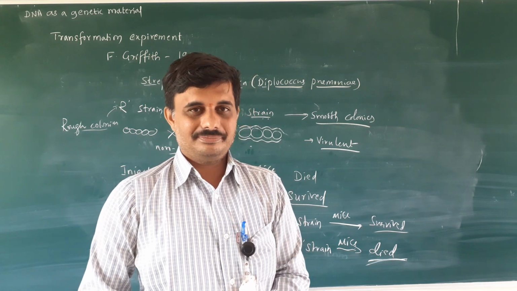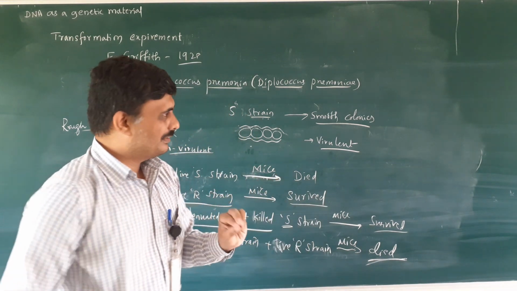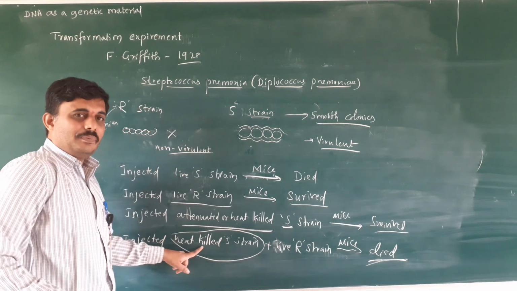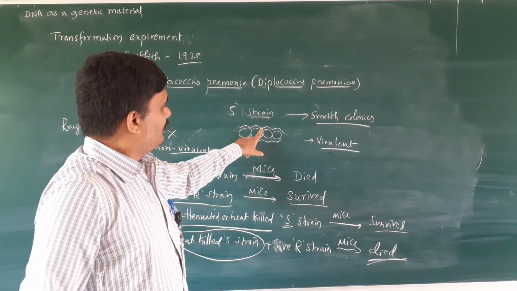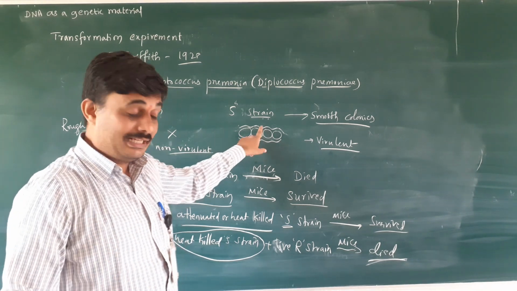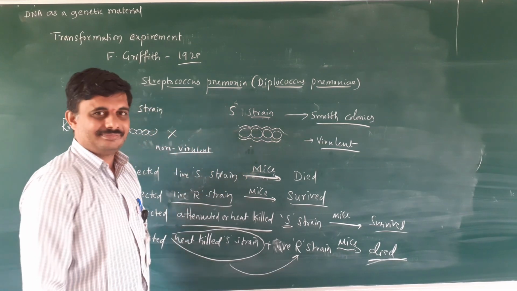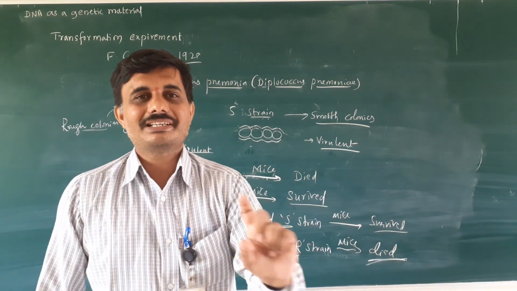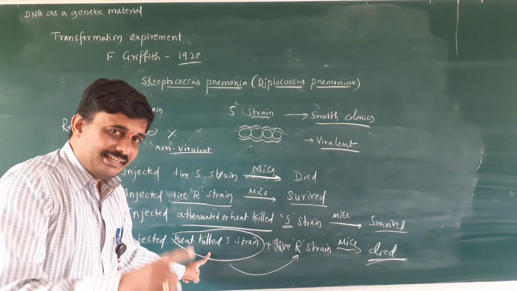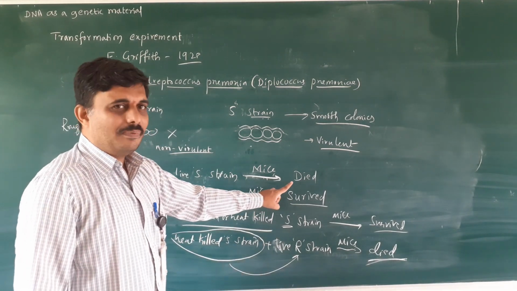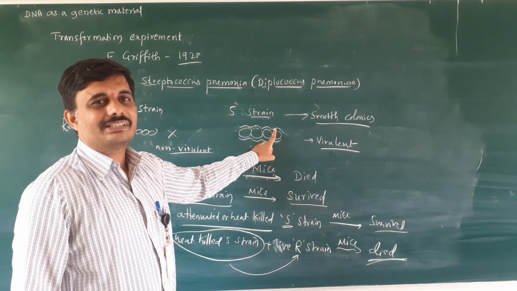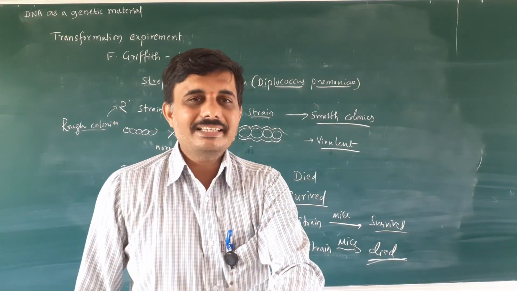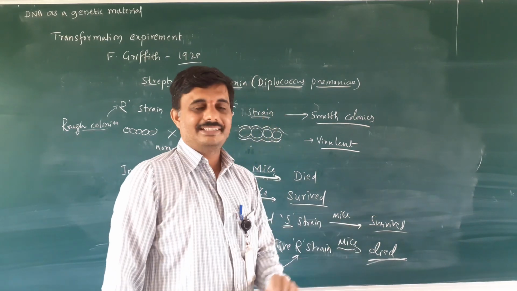Then he concluded that some material from the heat-killed S strain, which is responsible for the synthesis of the mucopolysaccharide or capsule, is transferred to the R strain, converting the non-virulent strain into the virulent strain, and thus the mice died.